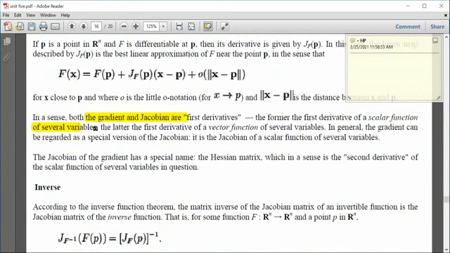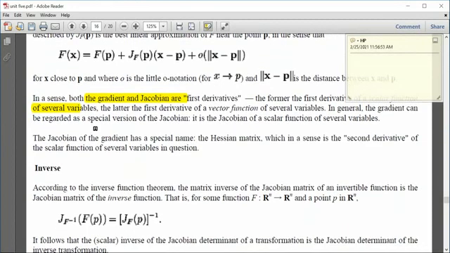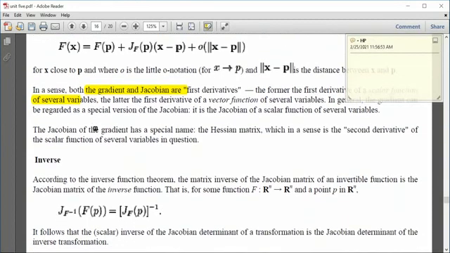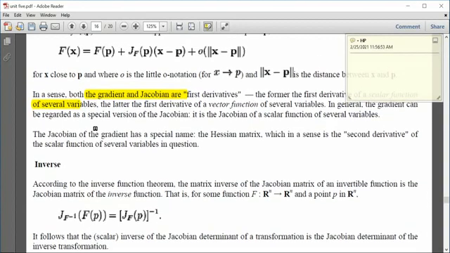In general, the gradient can be regarded as a special version of what? The Jacobian. It is the Jacobian of a scalar function of several variables. The Jacobian of the gradient has a special name, that is the Hessian matrix. Not Asian, but Hessian.